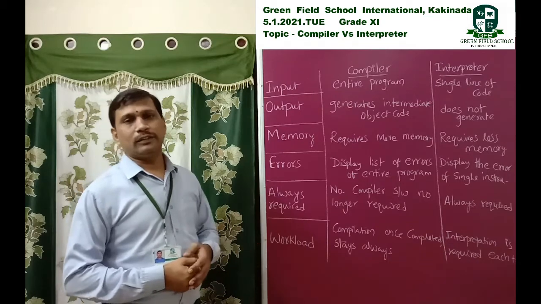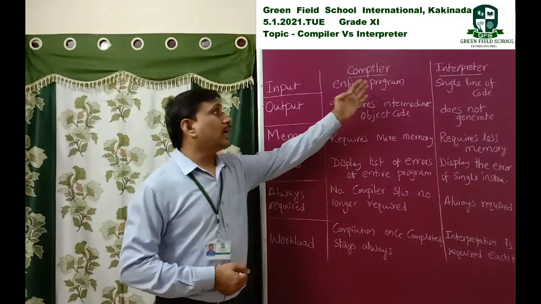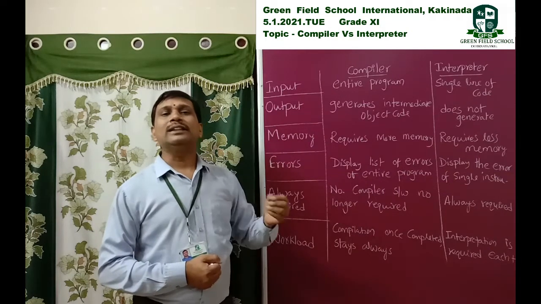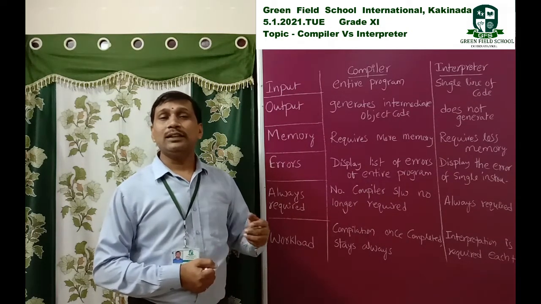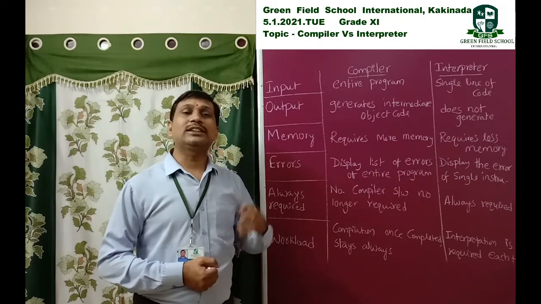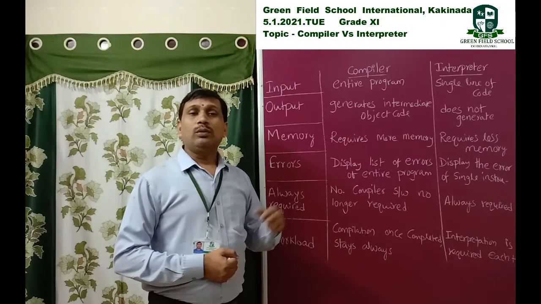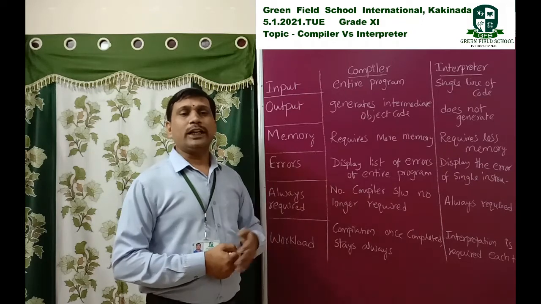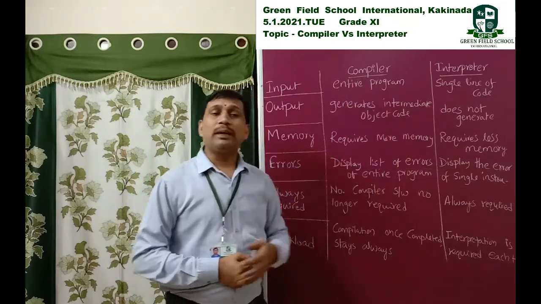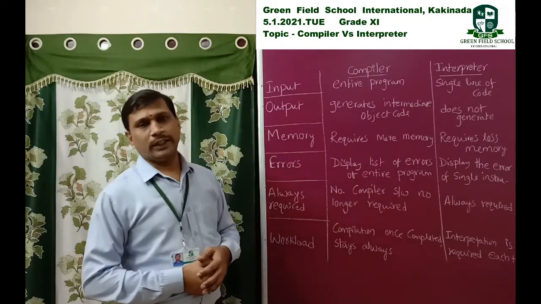You know very well, these two, compiler and interpreter, are translator programs, called system programs, system software. How do we differentiate these two concepts, compiler and interpreter?